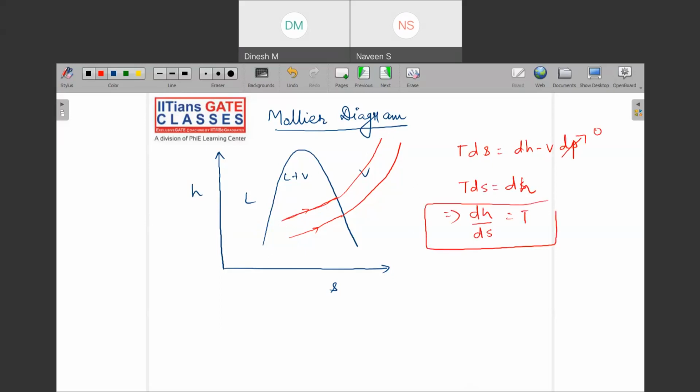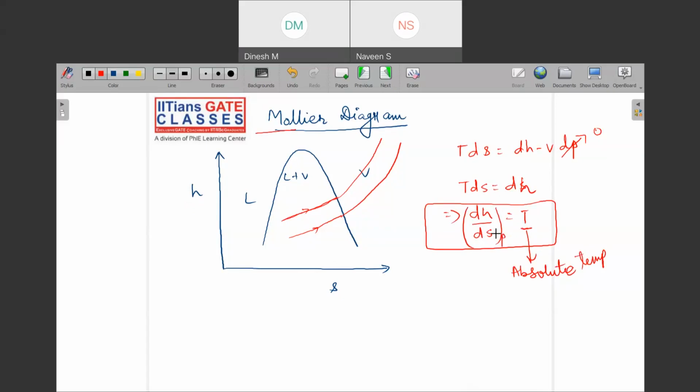Sometimes if you don't know at what temperature you are working, you go to the HS diagram and look at the slope of this curve, and the slope is directly giving you the temperature in Kelvin scale. So this is nothing but absolute temperature, provided dH upon dS is taken when the pressure is constant.